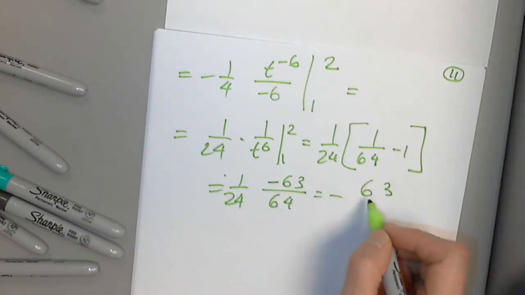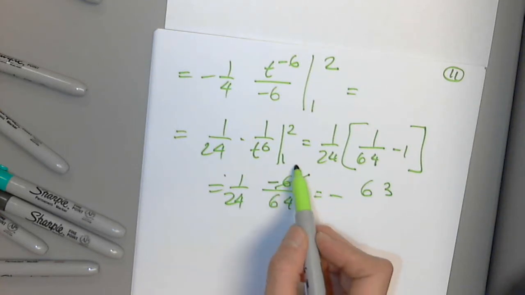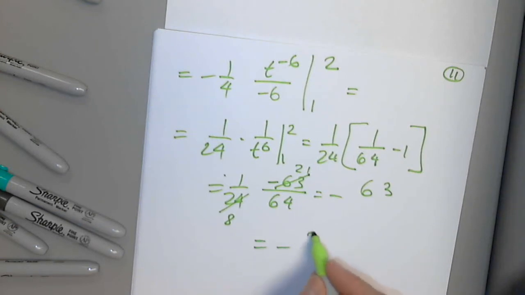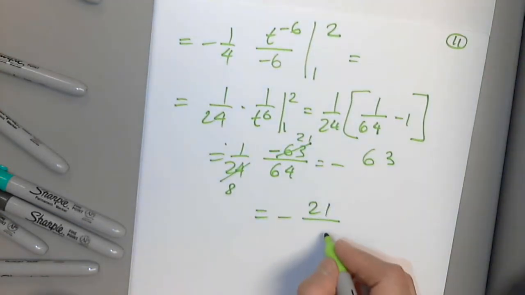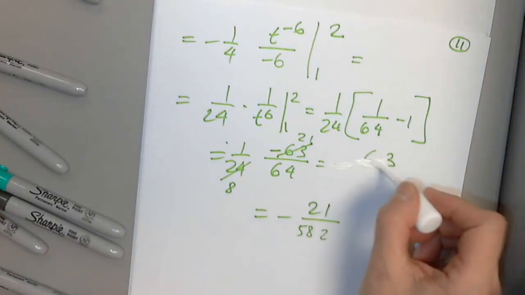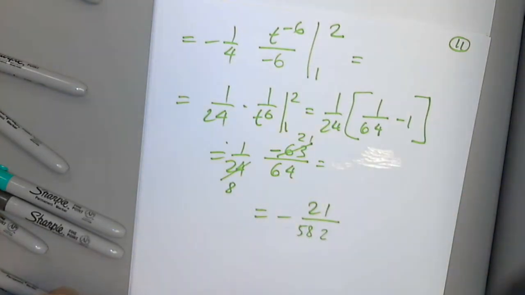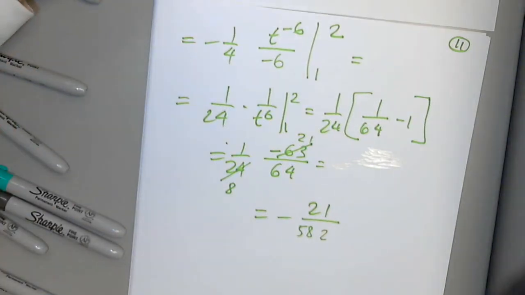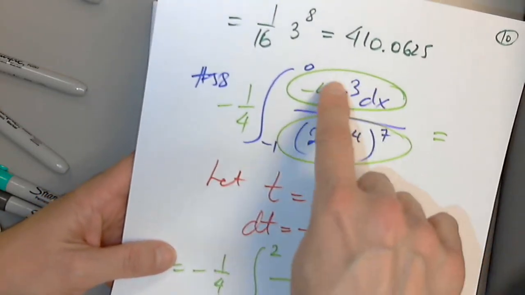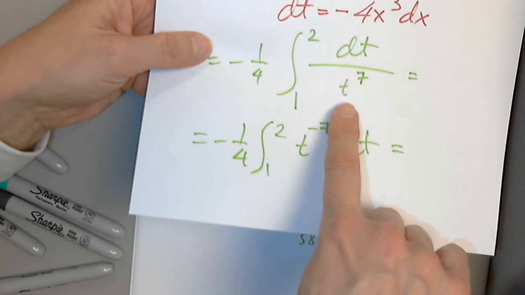So -63. Oh, I can simplify. By 3, 21 and 8. So -21 over, correct me if I'm wrong, and I have to delete that. This was possible because we chose the correct substitution, and we made this integral from what it is into this, or this.